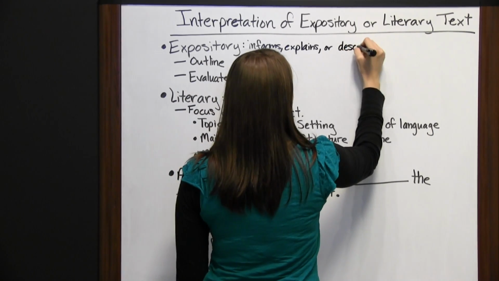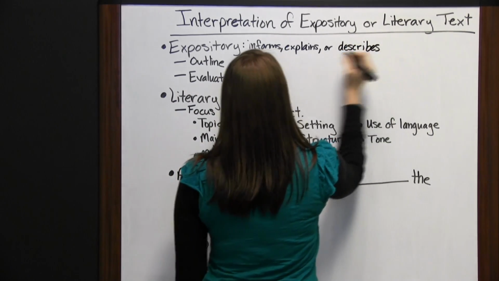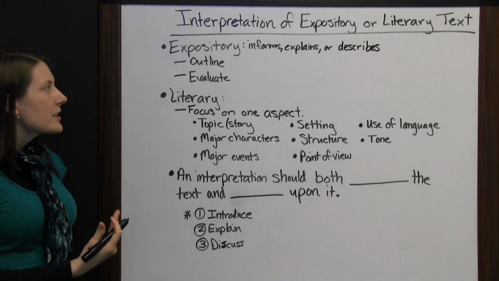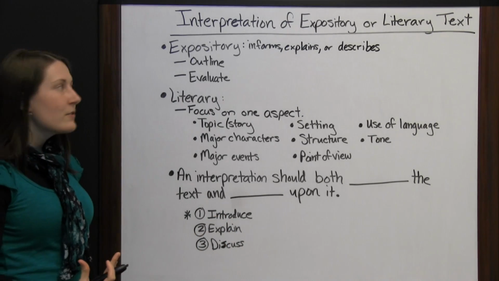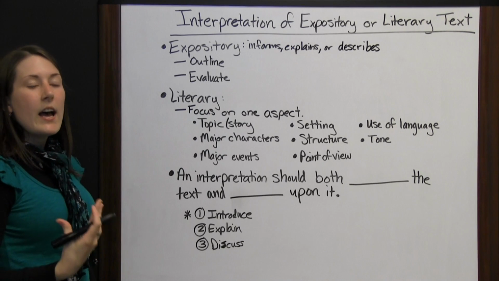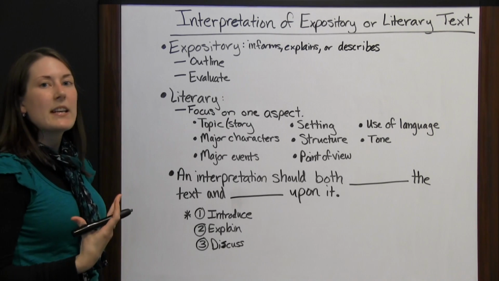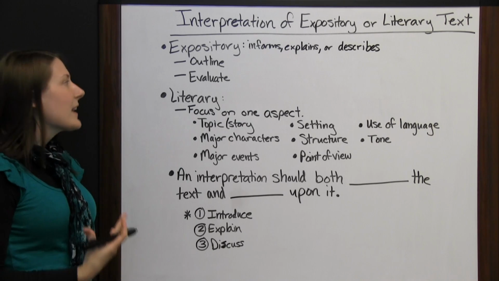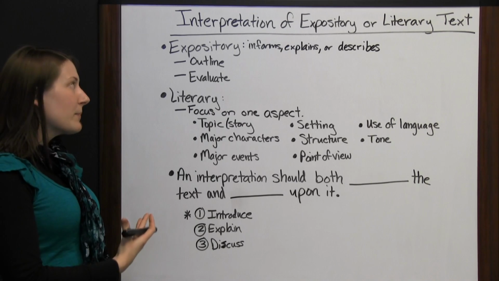It's going to be very cut and dry. There's not a plot. It's basically there to explain something to you, tell you how to do something, give instructions. A science research paper would be an example. Baking instructions for baking a cake. Anything like that would be expository.